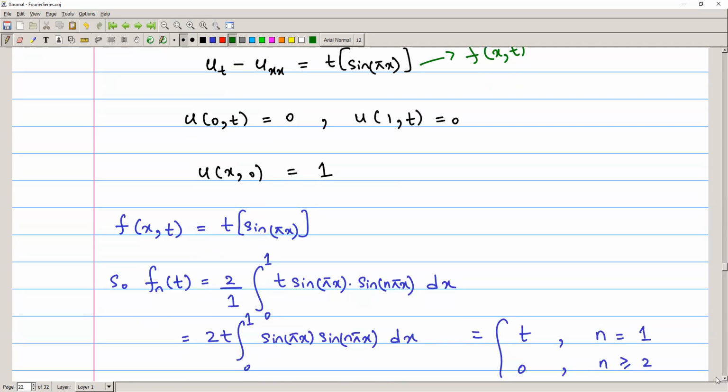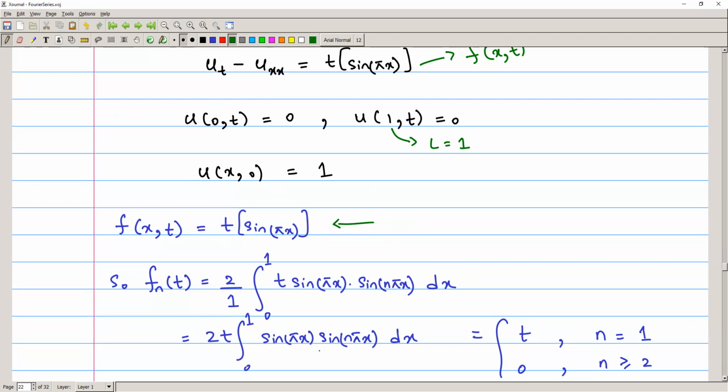So here the function of x and t is equal to this. This is the function of x and t, and the first step is to integrate this function with sine n pi x over L. So L is given as 1. Here we can see that L is equal to 1. All right, so we will integrate the function, and we know that here t will be treated as constant because we are integrating with respect to dx.